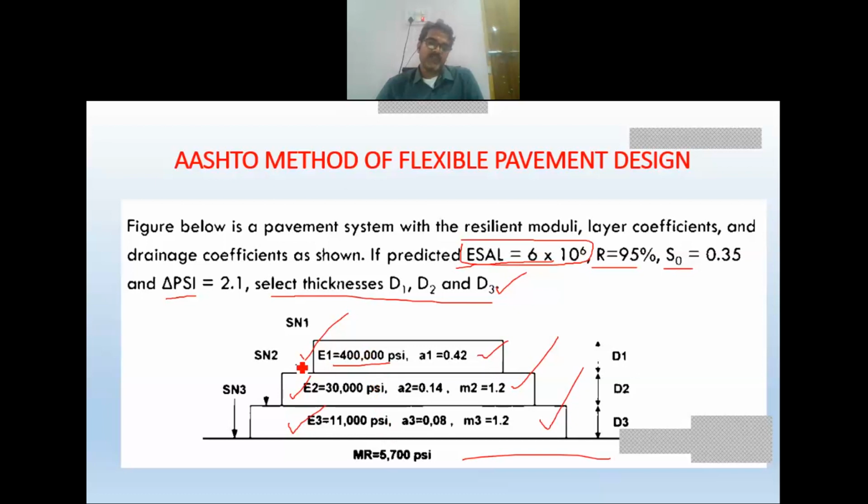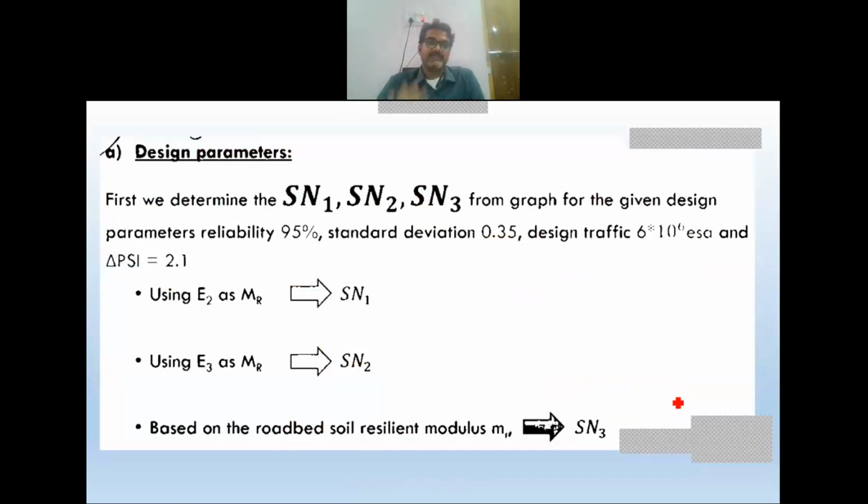So these are the elastic moduli of pavement layers. And if you see the subgrade resilient modulus, 5,700 psi. Yes. So the pavement material quality is also given. The drainage coefficients and layer coefficients A1, A2, A3 are also given. So the only thing is you are asked to calculate D1, D2, and D3 using this method. So we'll see the calculations in the subsequent slides.